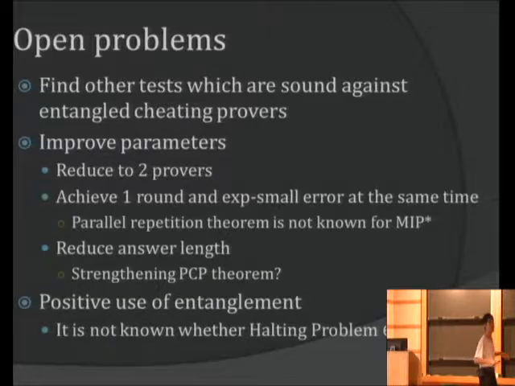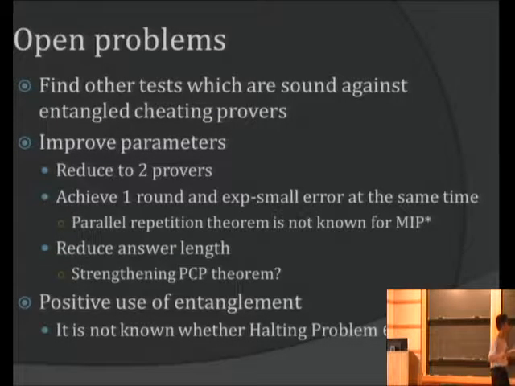And here are some open questions. We analyzed the multilinearity tests, but there are other properties which are studied in the context of classical multi-prover interactive proofs and PCPs. So what about these other tests?